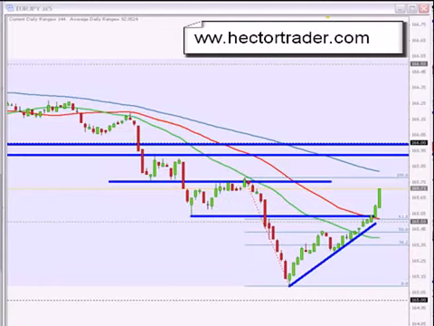We have a previous double bottom here, okay, former support, now working as resistance. Also, this is the 50% Fibonacci level. I've measured it already. This is a 50% Fibonacci level, and of course, the dynamic area of resistance. Okay, we have a trend line break right there.